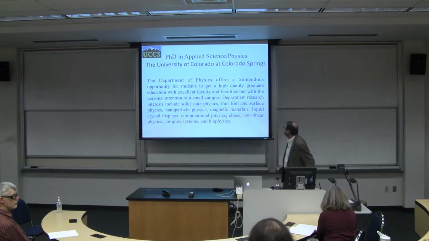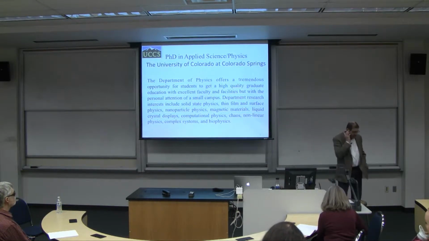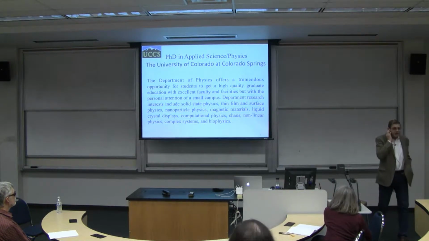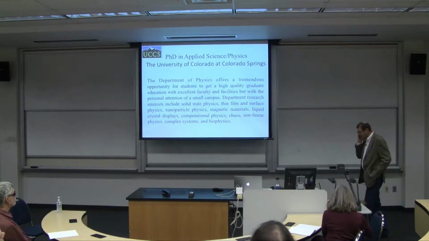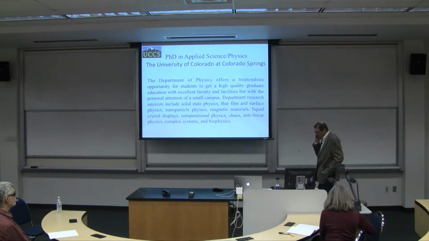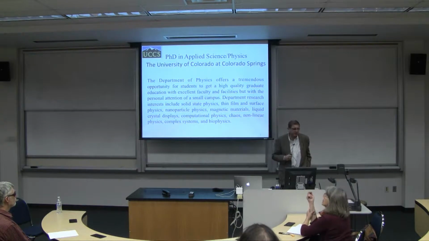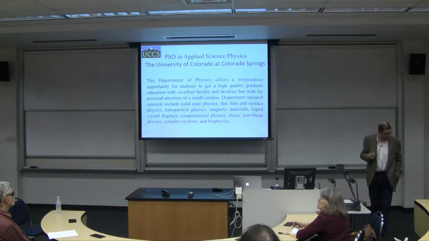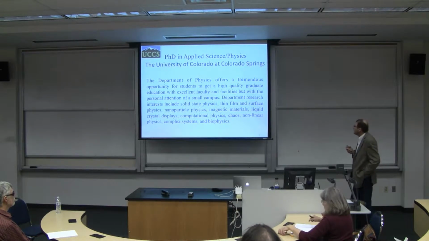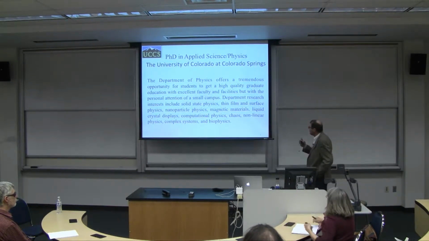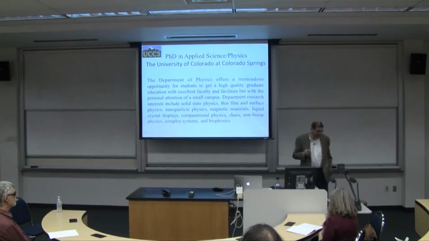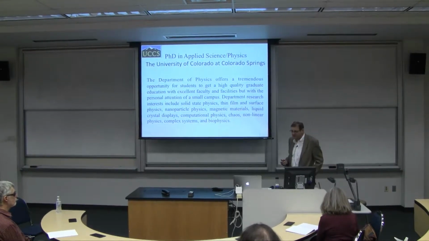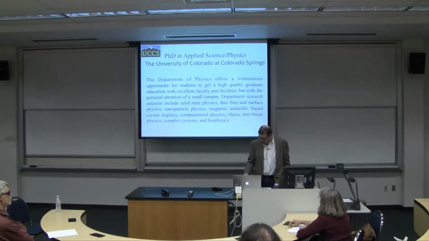But before I start, let me tell you a little bit about our department. We now have PhD programs, and our area of specialization is basically condensed matter physics. We also do a little work, starting right now, in biophysics. Since it's very close to you, you may consider this if you are interested in the graduate program.